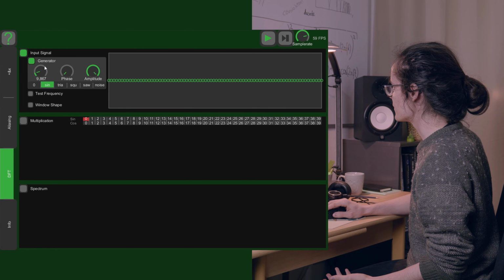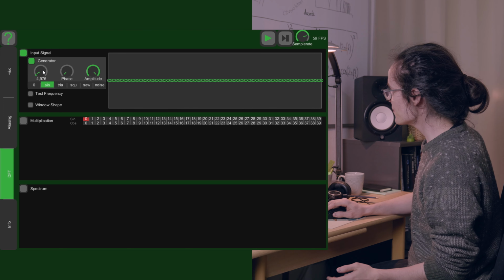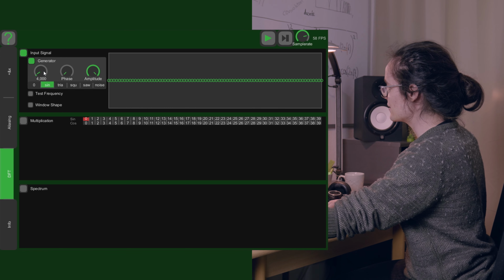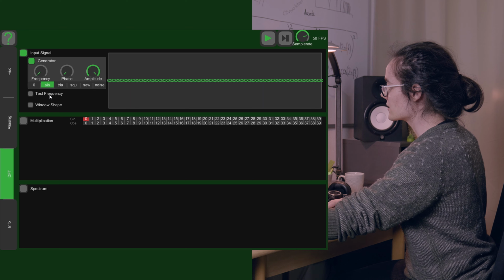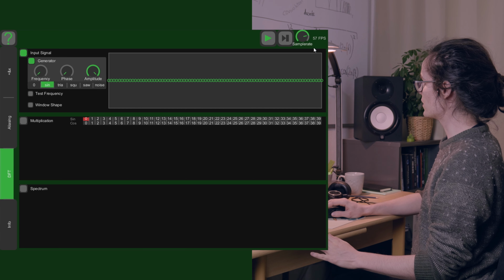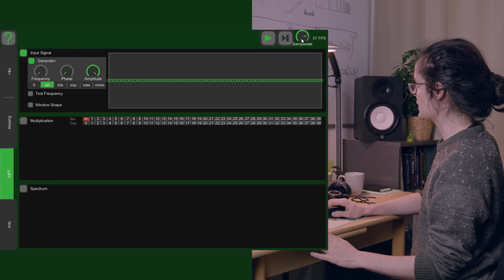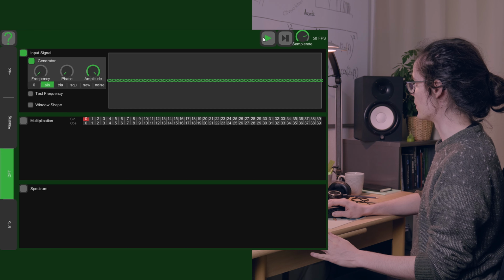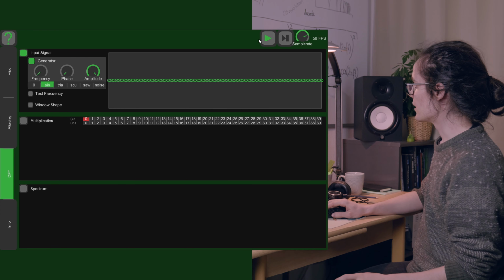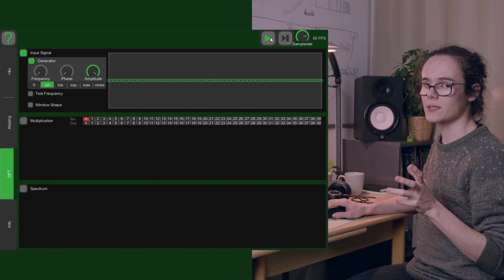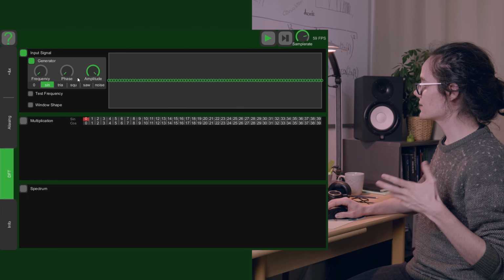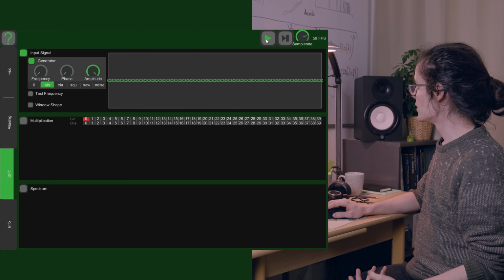Let's turn the knobs. Nothing happens. Well, in this case, the generator works differently. You have to look at the play and the skip and the separate knobs over here. If you press the play button, the generator starts generating samples.